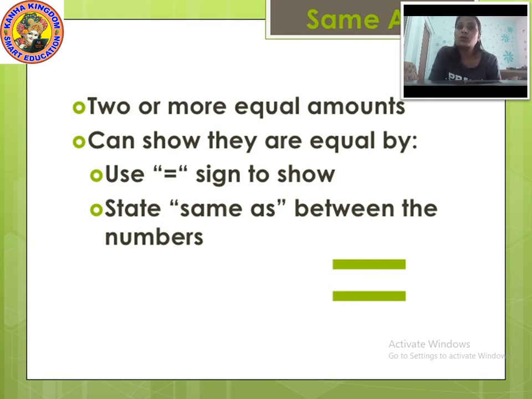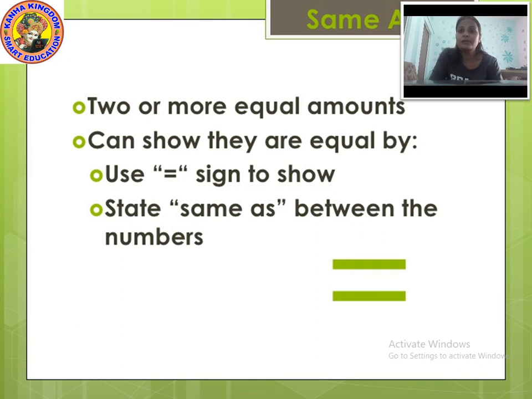We can show they are equal by using this sign. How will we see that these things are equal? By using this sign, two sleeping lines. These two lines we say as equal to. You can see these lines in this slide. This sign is the equal to sign.